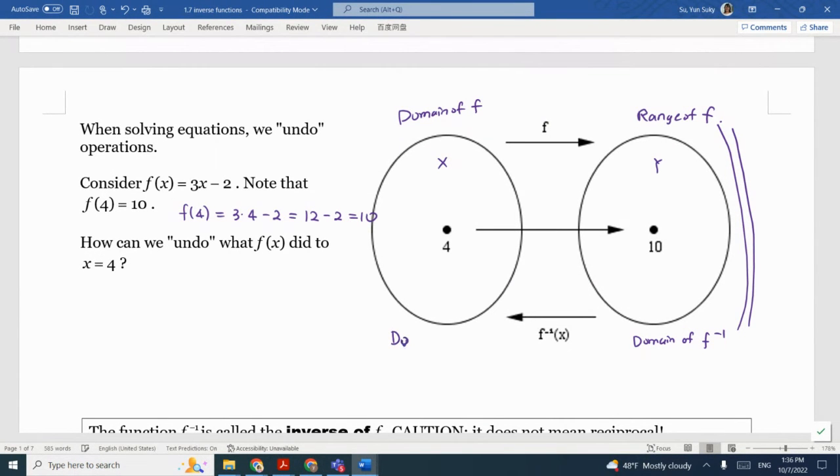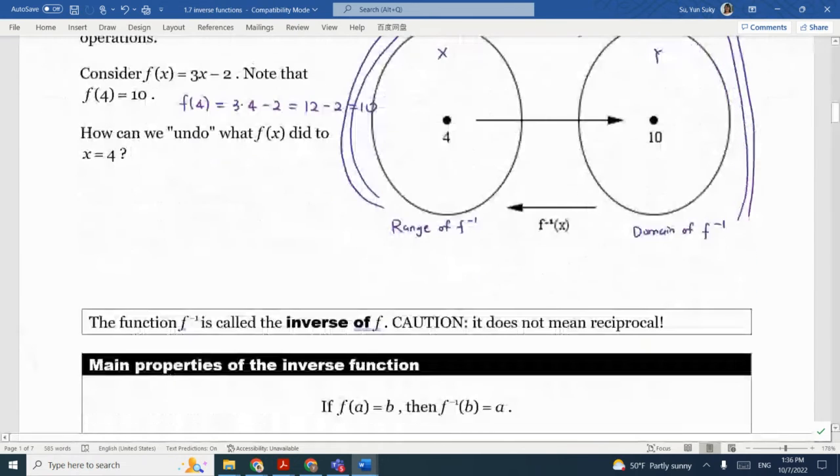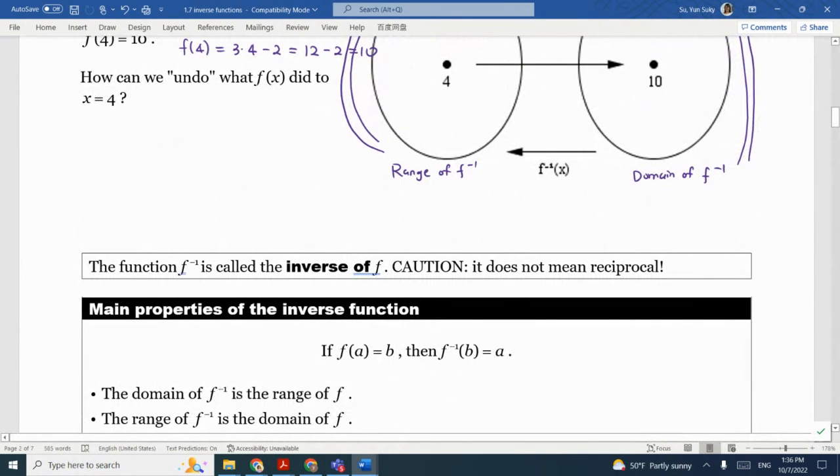And the range of the inverse function is now the domain of the original function. Okay, everybody?